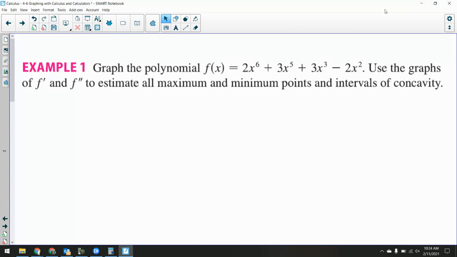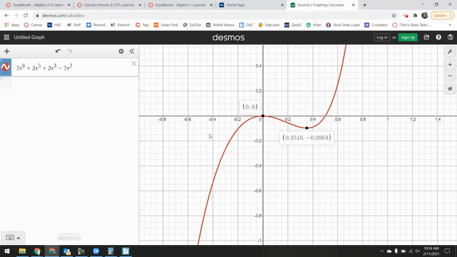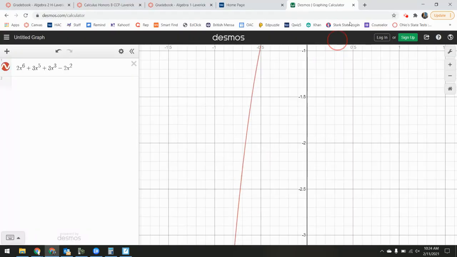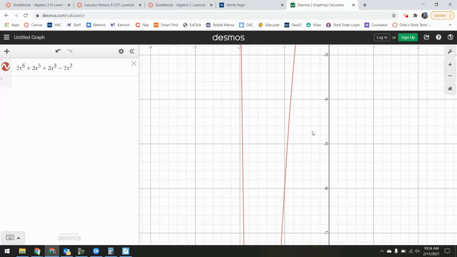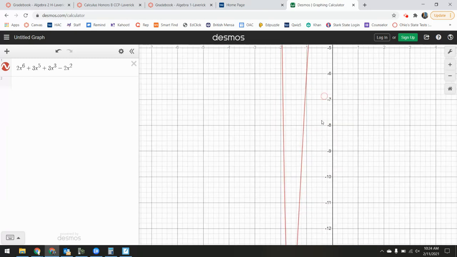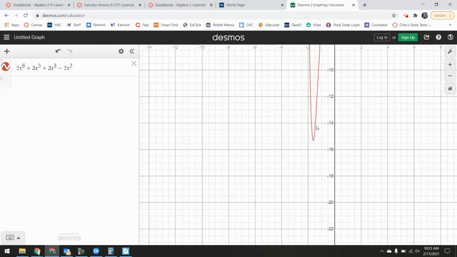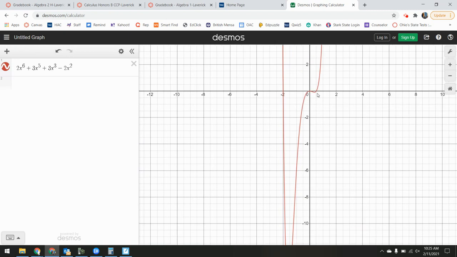Okay, so what did we just do? We put our function on the graphing calculator. And if I just simply click on those maximum and minimum points, you can solve for them. So here we go. The minimum point is negative 1.616, or minimum point here, 0.352, negative 0.097.